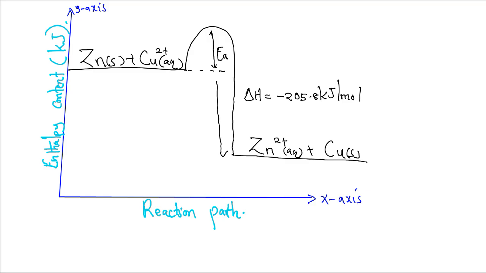For this case, what we have just discussed, we have looked at the displacement of copper 2 ions from copper 2 sulfate solution by use of what we call zinc powder.